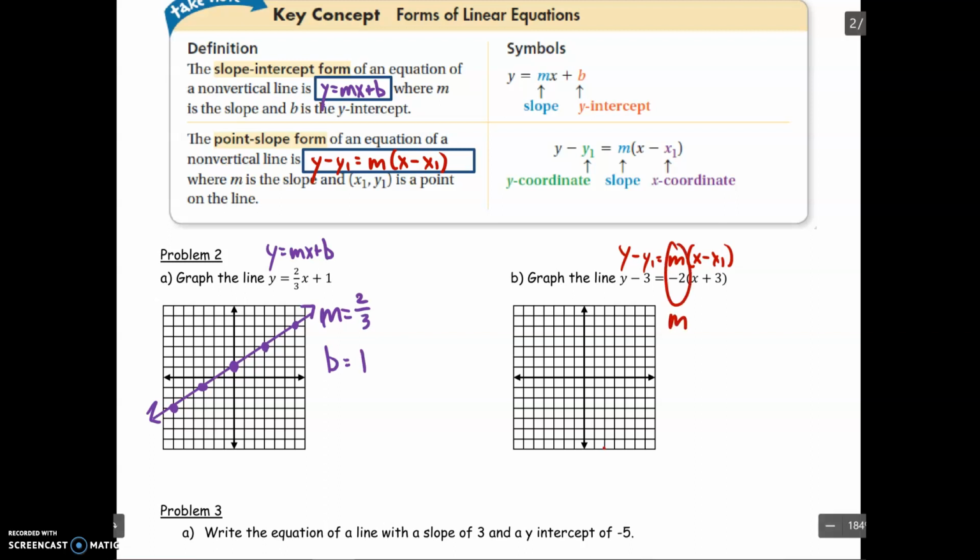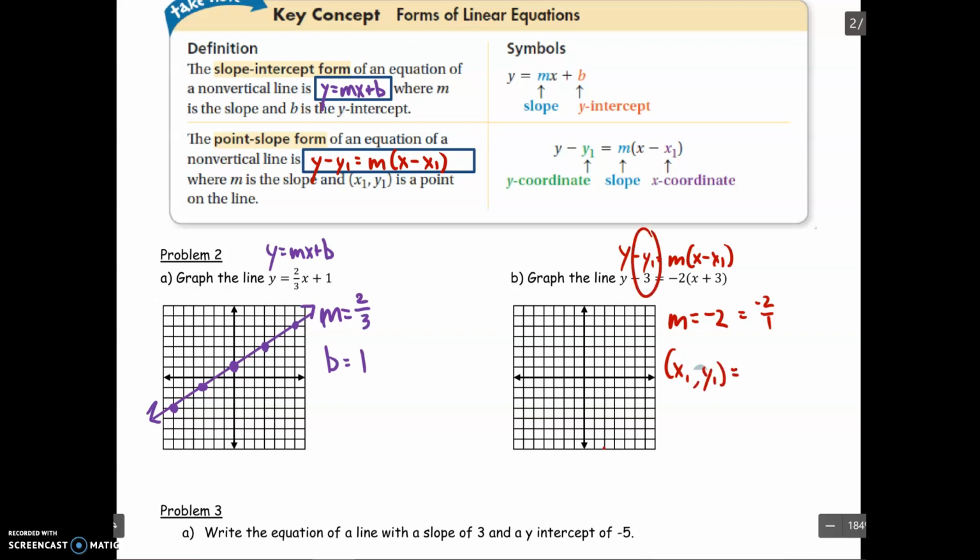Slope is going to be the coefficient in front of your parentheses. So if I see -2, that's going to stand in for my slope. This is like going down 2 over 1. If you want -2 to look like your other slopes, down 2 over 1 is going to be the same thing. And this coordinate is going to end up on our graph, so it breaks that up into 2 coordinates, an x-coordinate and a y-coordinate.